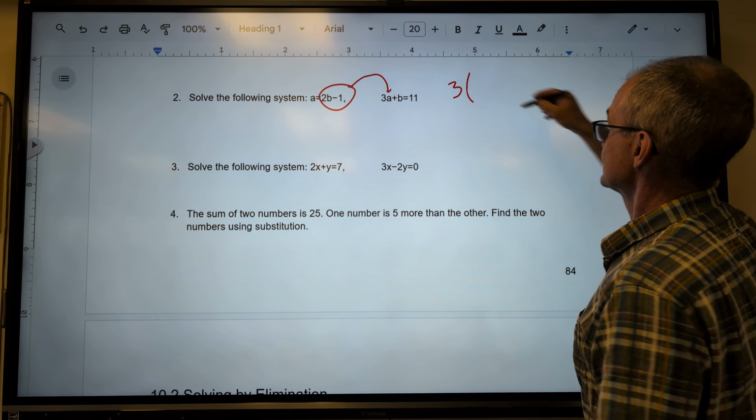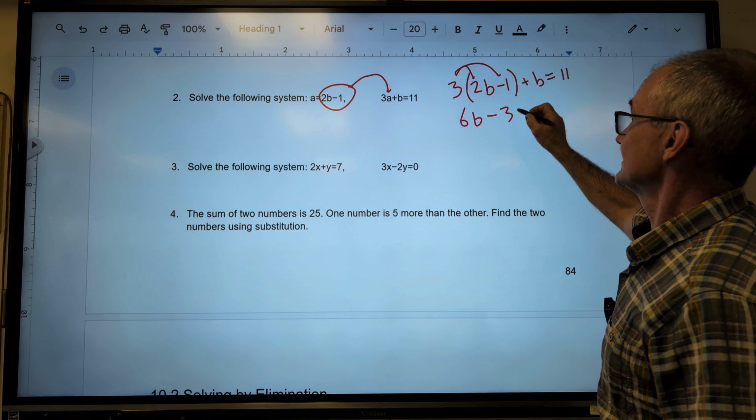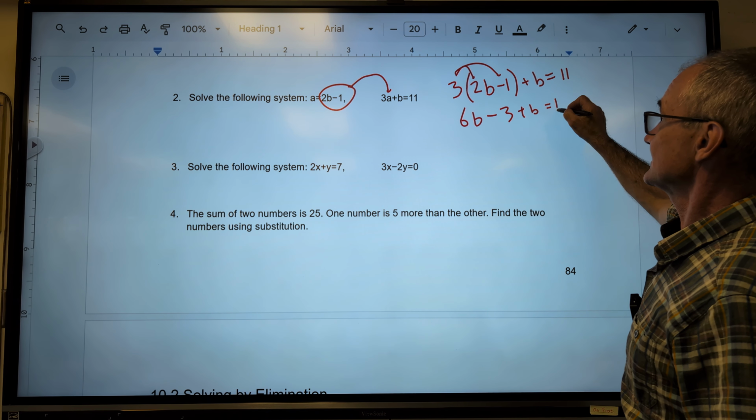So that's 3 times whatever a is, plus b is equal to 11. One key thing here is I have to remember to distribute that 3 through the quantity. So I've got to multiply it all the way through to get 6b, 3 times 2b, minus 1 times 3, plus b equals 11.